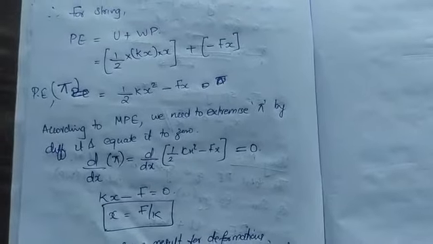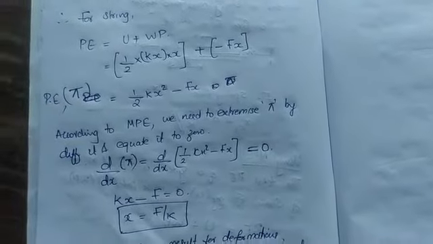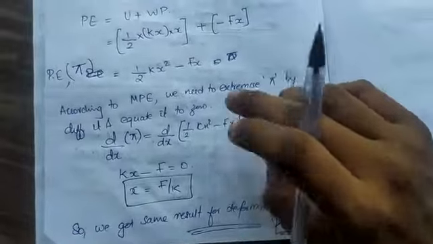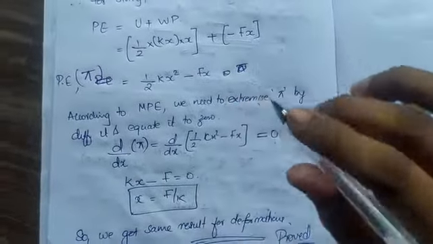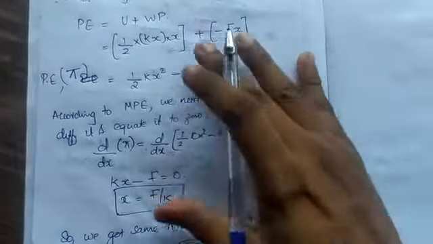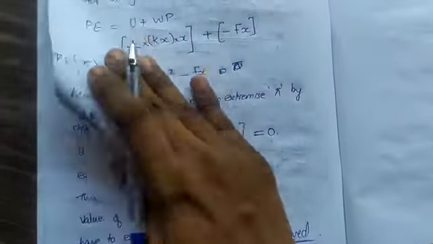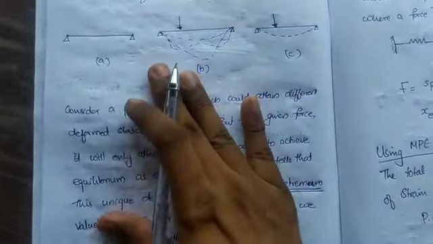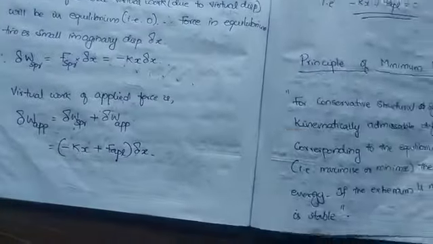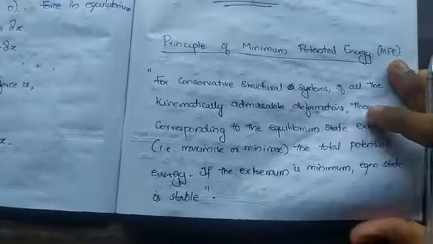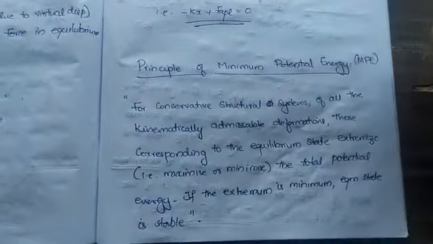So the minimum potential energy principle is also applicable. It means that at the equilibrium state, the potential energy will be extremum, maximum or minimum.